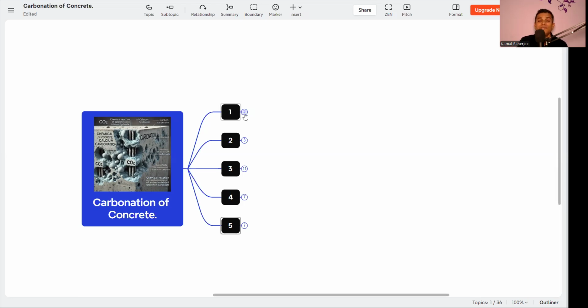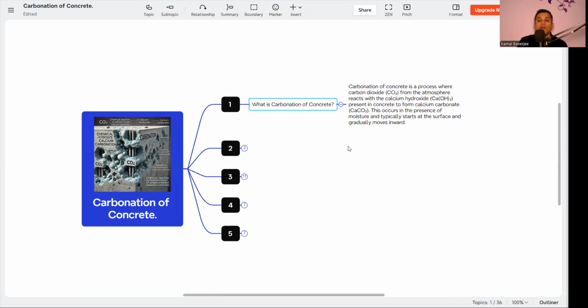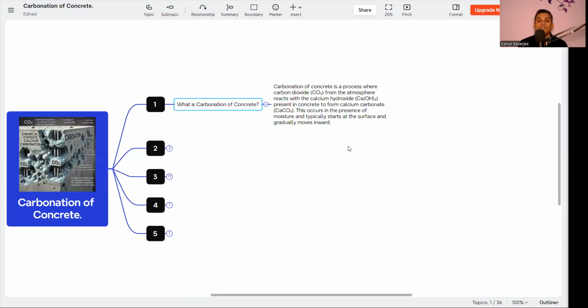Carbonation of concrete is the process where carbon dioxide from the atmosphere reacts with the calcium hydroxide present in the concrete, and it produces calcium carbonate, that is CaCO3. This occurs in the presence of moisture and typically starts at the surface and gradually moves inward.